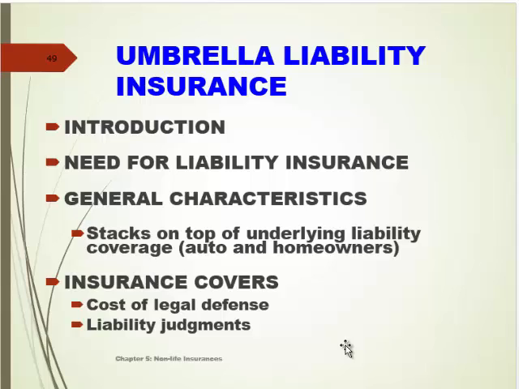Frequently we refer to the need for this as being professionals. If you're an accountant, a doctor or a lawyer, you need to have this additional form of coverage to cover you for things that you do in addition to the damages.